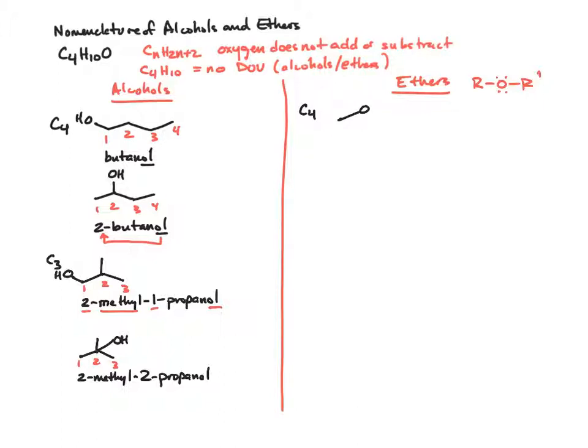Let's bond it to oxygen, and now we have 3 more carbons to account for. So at this point, the way we would name this is to look at the respective groups. So I'm going to use this red pen to dissect. So there we have a methyl, and there we have a C3 chain, so propyl. So we would name this in alphabetical order: methyl propyl ether.